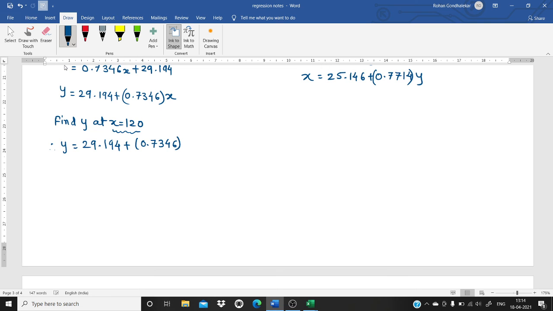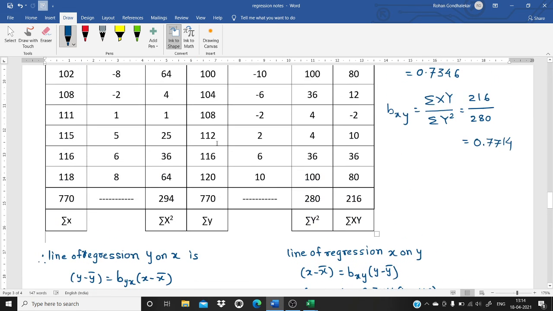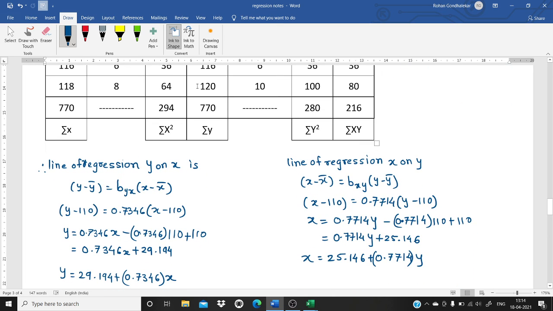The x value will be 120. Tell me the calculation and what is the estimated value. 29.194 plus 0.7346 into 120. Final value is 117.346.